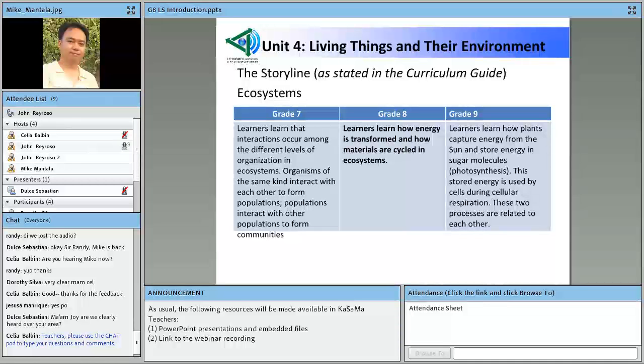Then in grade 9, learners learn how plants capture energy from the sun and store energy in sugar molecules. This process is called photosynthesis. This stored energy is used by cells during respiration. And in grade 9, our students also get to learn the relation between photosynthesis and cellular respiration, that at some levels complement each other.